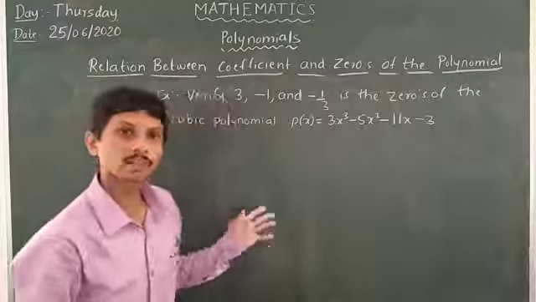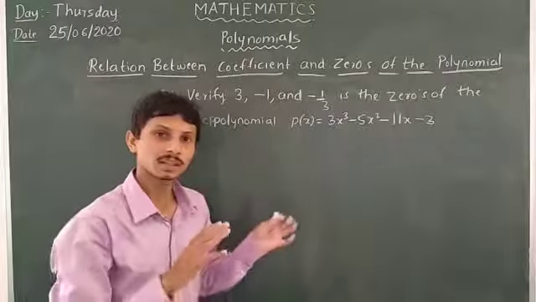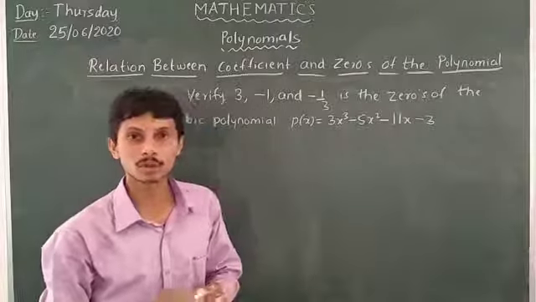So we have to check whether these 3 numbers are the zeros of the cubic polynomial or not.